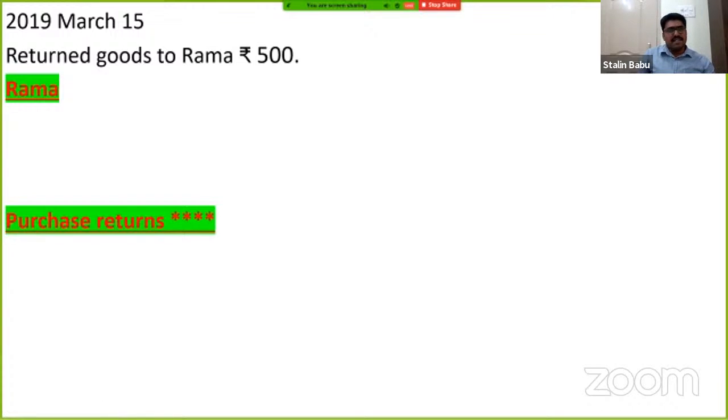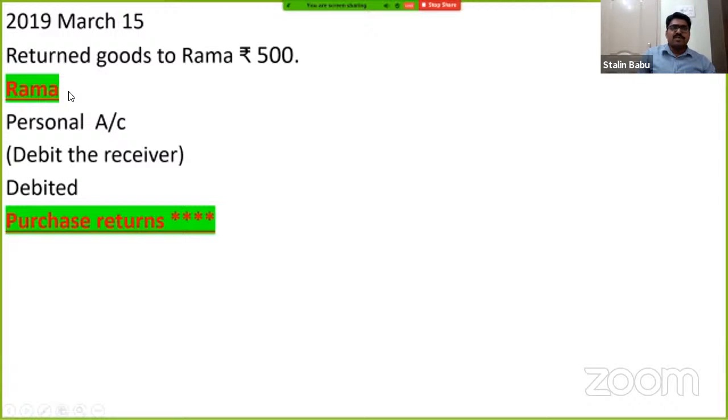Purchase is an expenditure to the business. Now we are returning the goods, so we have to reduce the expenditure. So the purchase return account is credited. What are the two accounts involved? Rama account and purchase return account. Rama is a personal account, a natural person. So what is the principle? Debit the receiver, credit the giver.